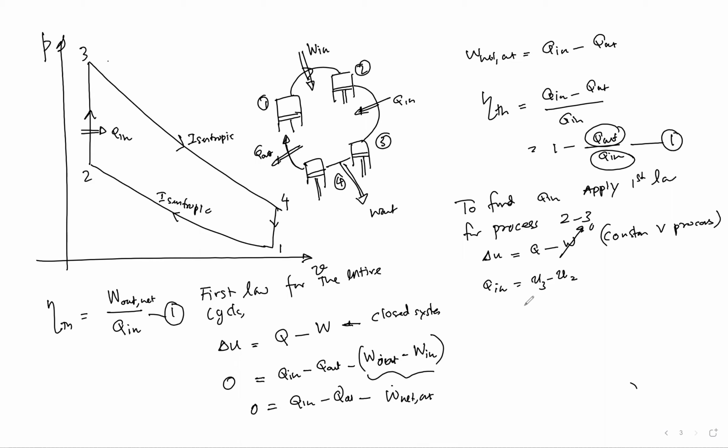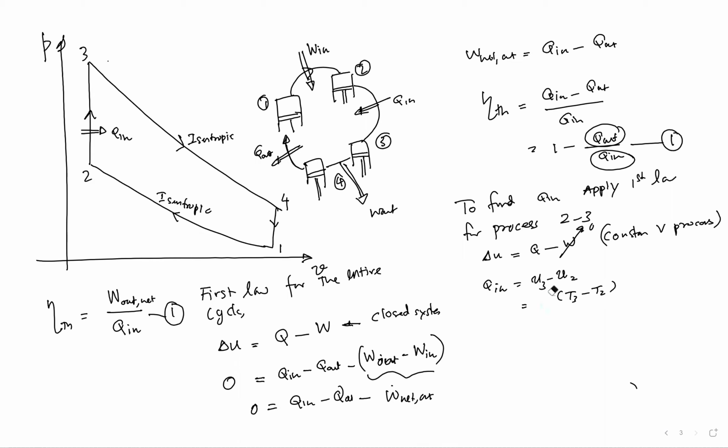U3 minus U2. So if I apply the constant specific heat analysis, it's Cv T3 minus T2, sorry.